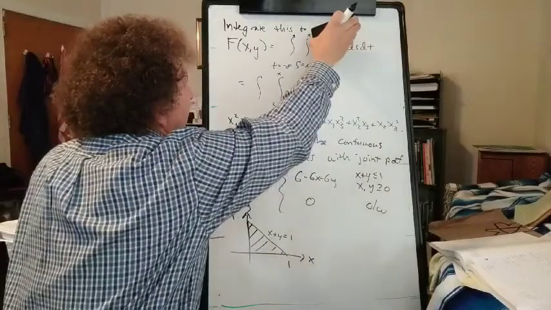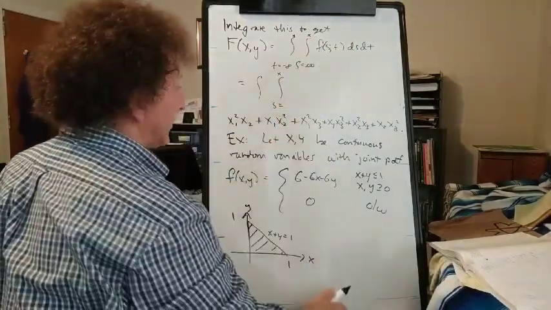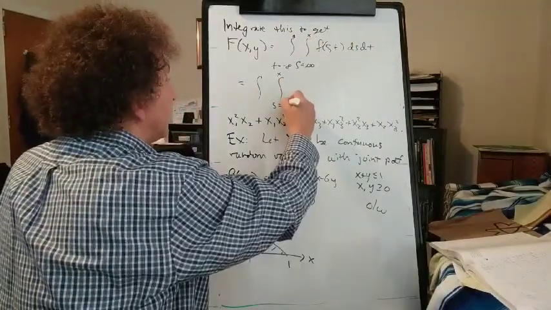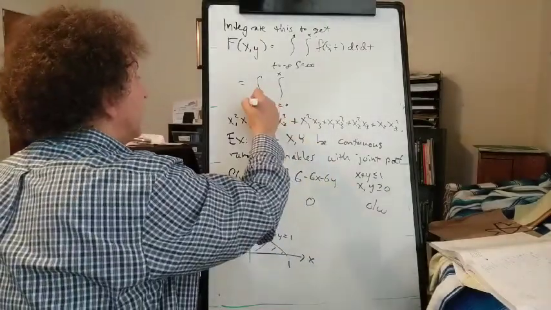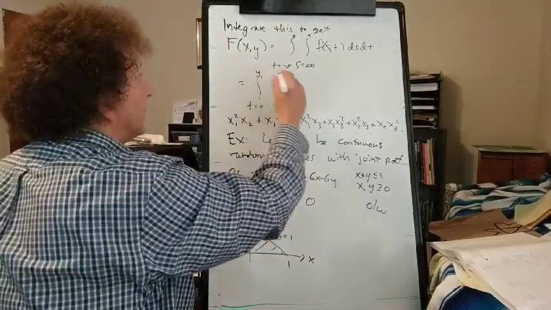It doesn't matter how high those things can go. So s is going to go from 0 to x, because for x less than 0 we just have 0 here, and t is going to go from 0 to y.